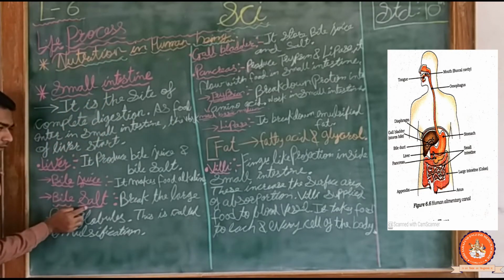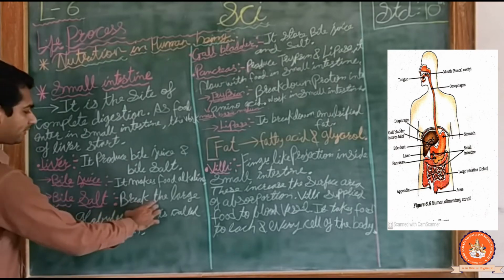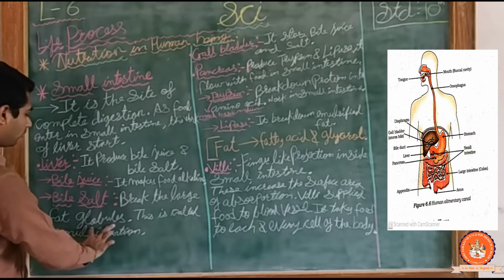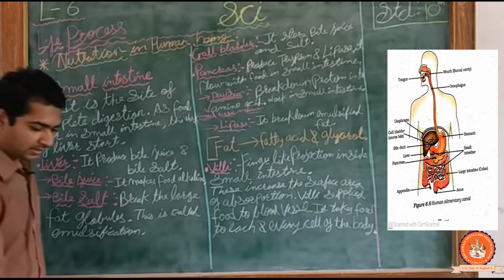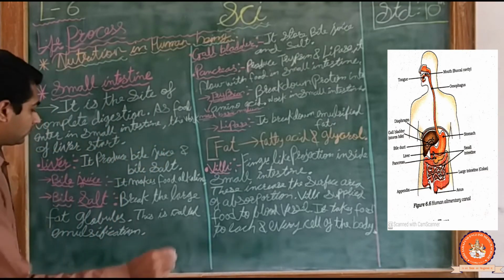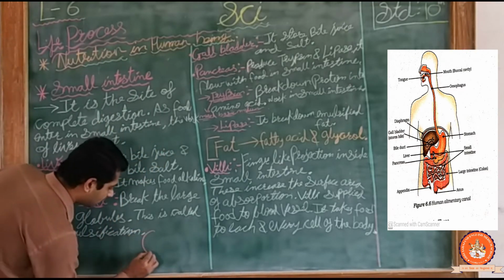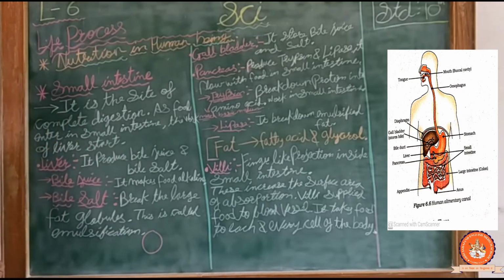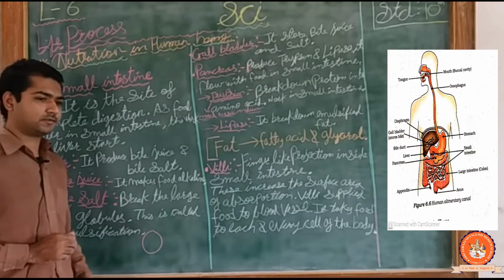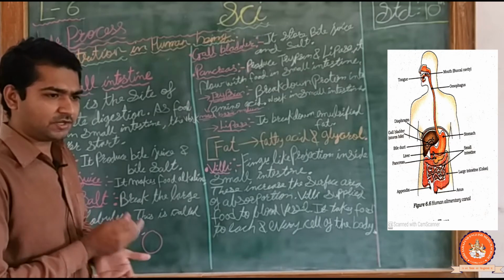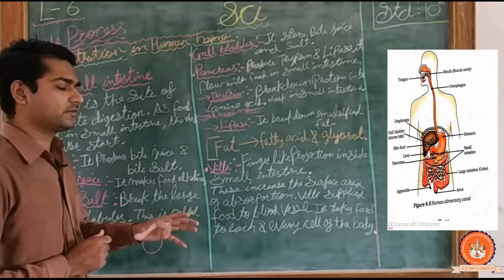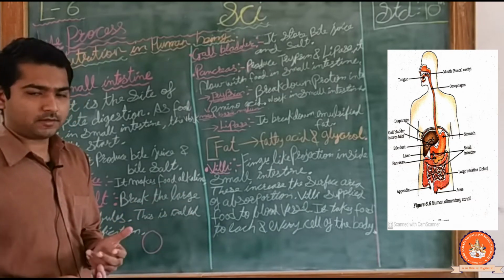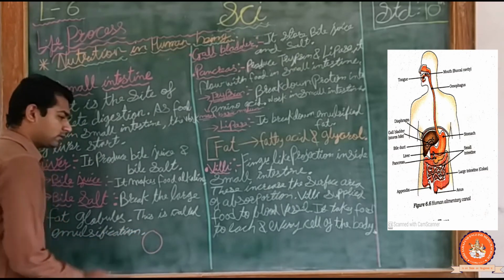The bile salt, what is the function of bile salt? It breaks the large fat globules. See, the food we have contains some fat, okay? The food is broken down initially in the stomach also, but some of it is not broken, so it has fat.